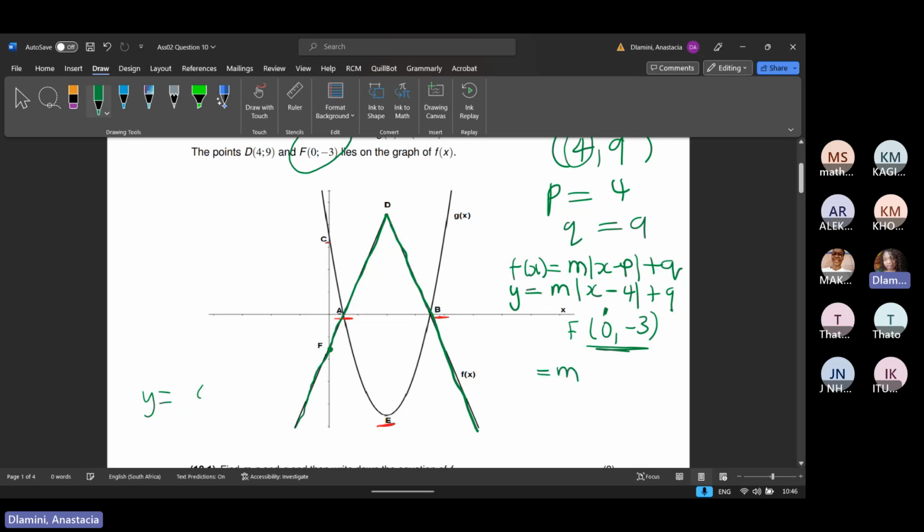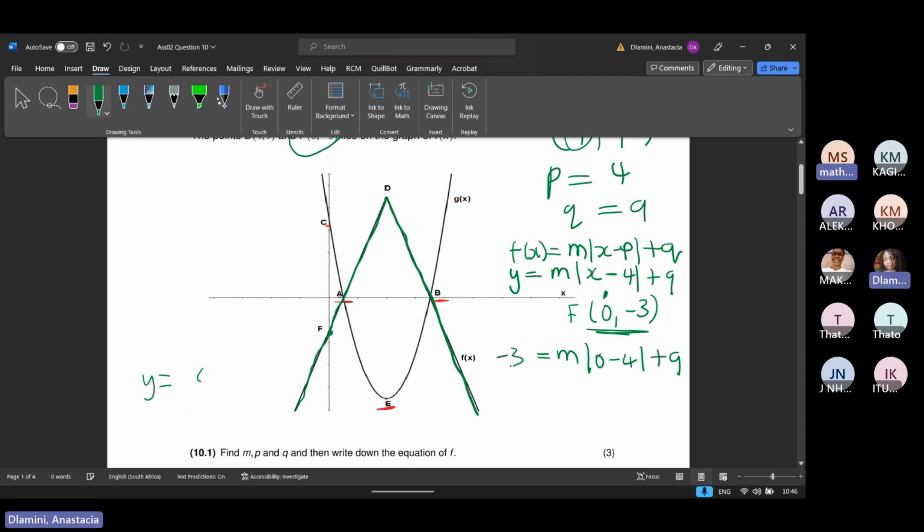So let's say m absolute value of 0 minus 4 plus 9. And where we see y, we put negative 3. So this is m absolute value of negative 4 plus 9 equals to negative 3.